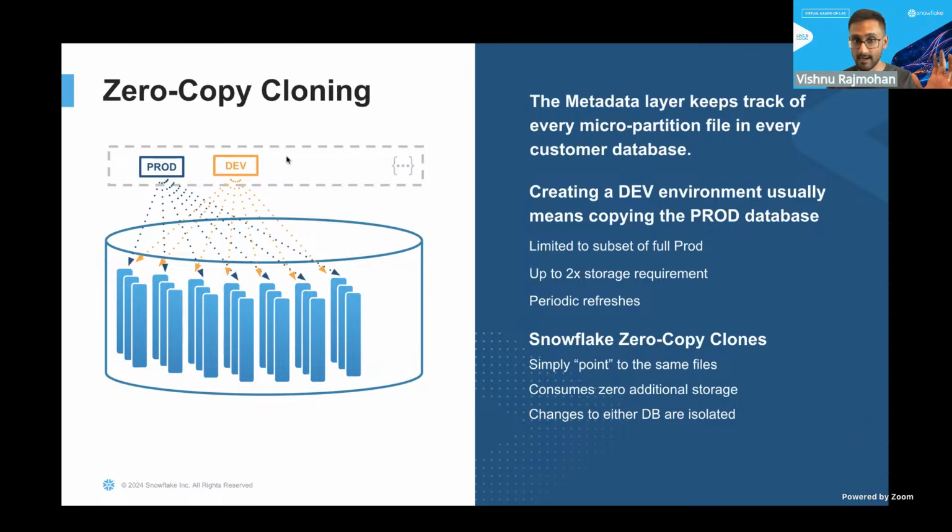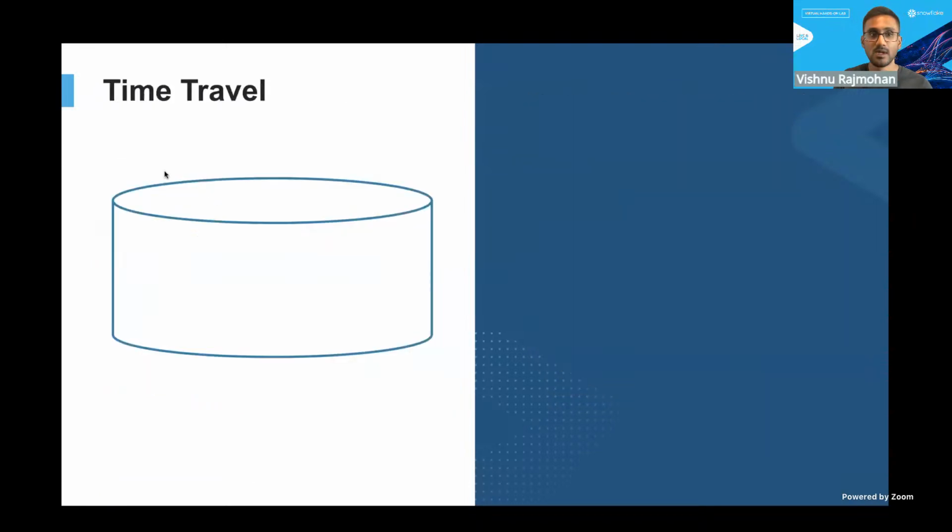And they are live as well. So when you make any change on your dev environment, let's say, it creates another micropartition, but that's completely independent from your other environment, which is the prod environment. So any change that you make from there on gets isolated for a particular environment or zero copy clone. Okay. And then you may have another environment that's created. The same logic applies. All right.